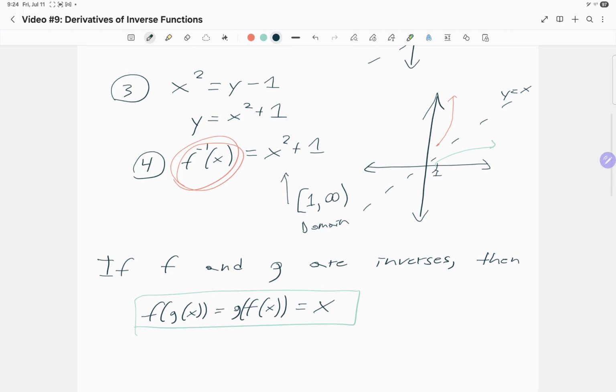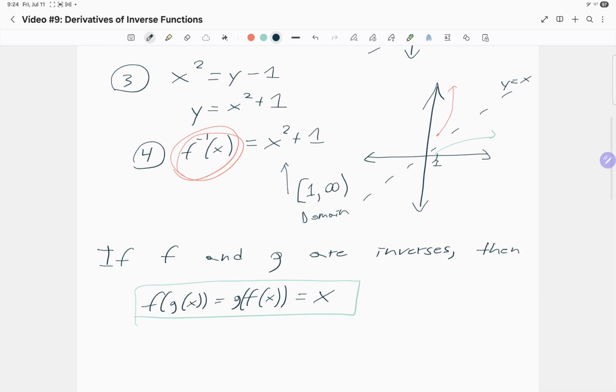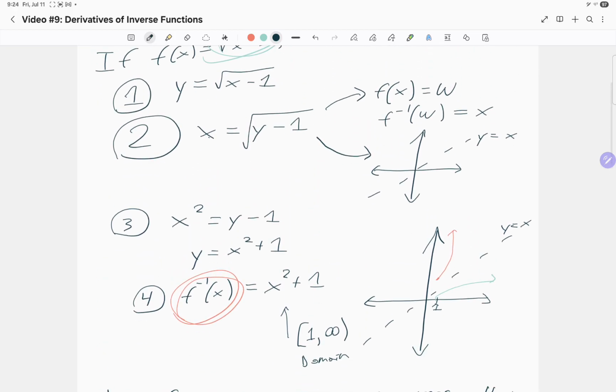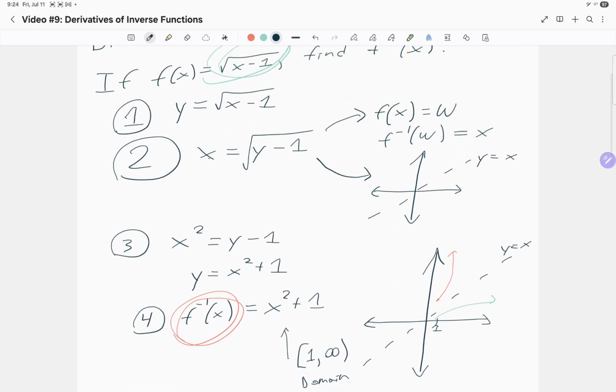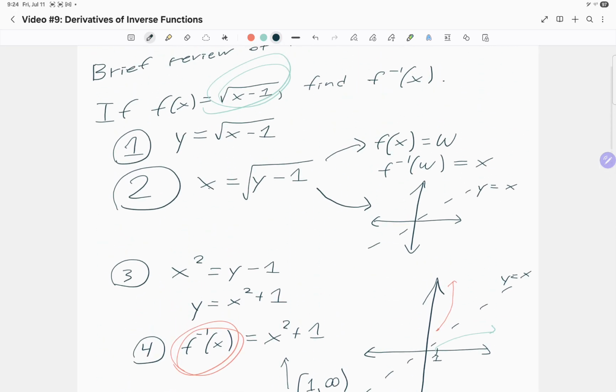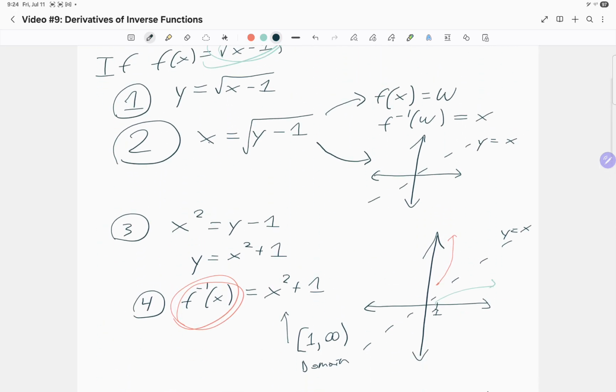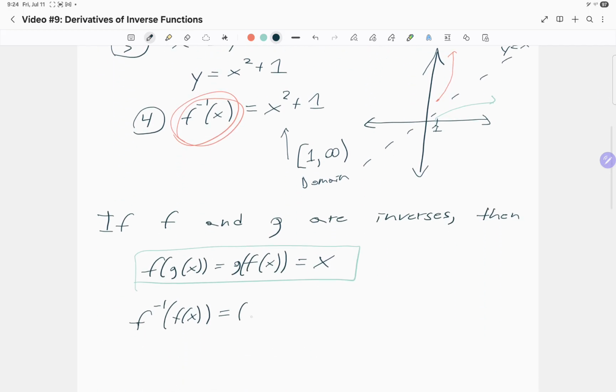So for our example up here, our inverse function was x squared plus 1. So if we did f inverse of f of x, we're going to have, in parentheses within that nested inverse function, x minus 1 radical, x minus 1 squared, plus 1.